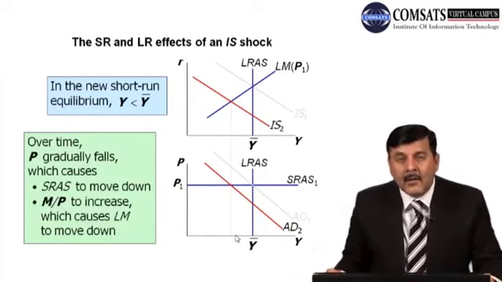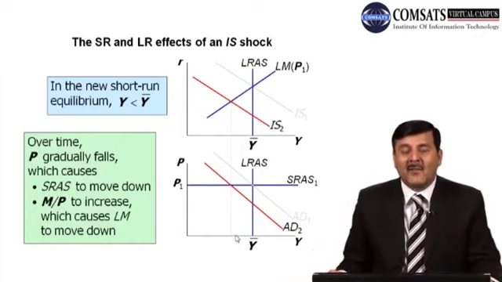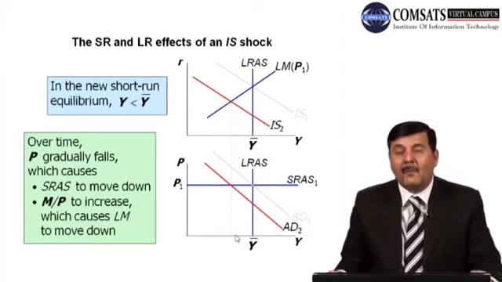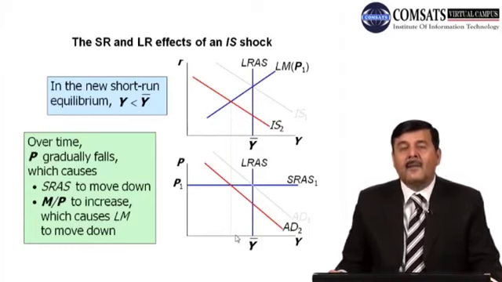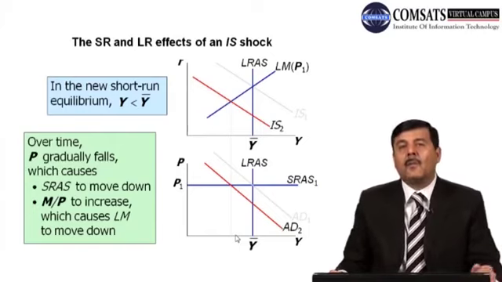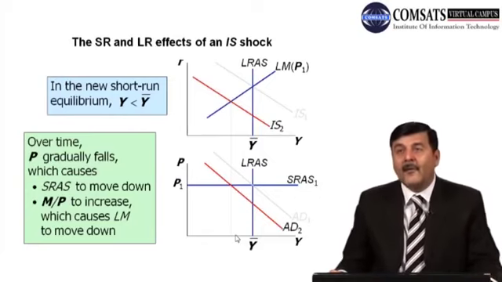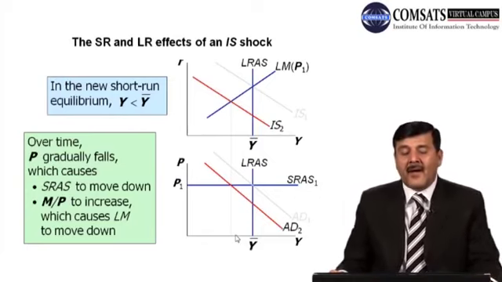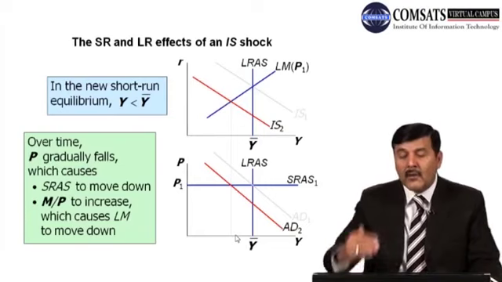Over time, when Y is less than Y bar, prices start falling. जब prices में कमी होगी तो चीज़ों की डिमांड बढ़ जाएगी, right? जब डिमांड बढ़ेगी तो आउटपुट ज़्यादा होगी, प्रोडक्शन ज़्यादा होगी और इनकम वापस आ जाएगी. Which causes the short run aggregate supply curve to move down.